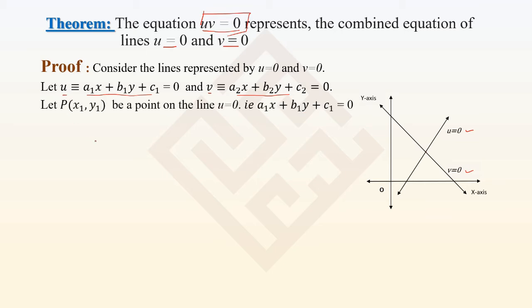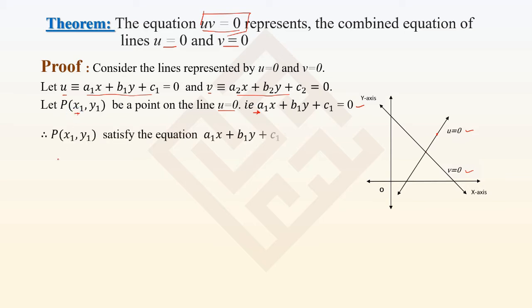Now what we are going to do is we are going to consider one point on the line u is equal to 0. Say that point is P(x1, y1). अगर ये point P(x1, y1) हमारा u is equal to 0 के ऊपर है तो ये इसके इक्वेशन को सेटिस्फाई करेगा. तो हम क्या करेंगे, we are going to put this value in the equation of u is equal to 0, हमारे पास है a1x plus b1y plus c1 is equal to 0. ये इक्वेशन के अंदर हम ये पॉइंट पुट कर देंगे.